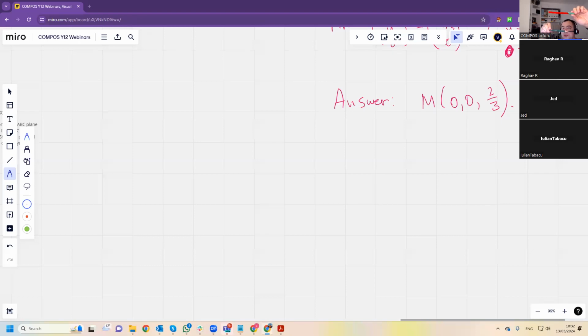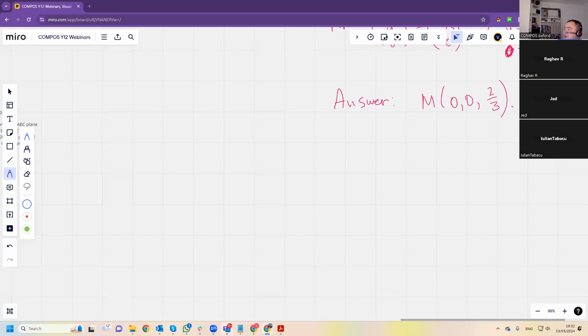To find the angle between skew lines means to find the angle between their direction vectors. If you hold them like this, yes, they don't intersect, but you can clearly see there's an angle between them.